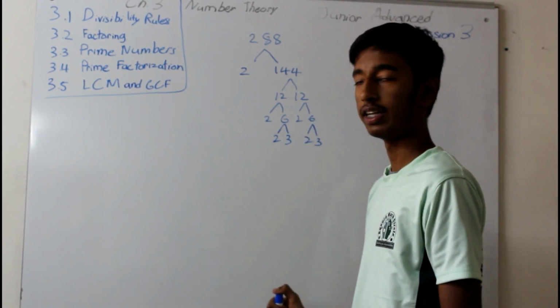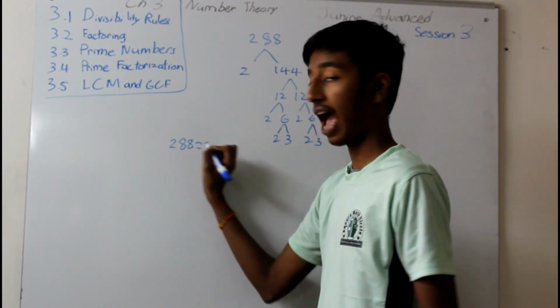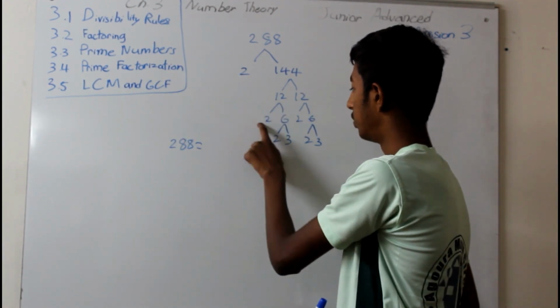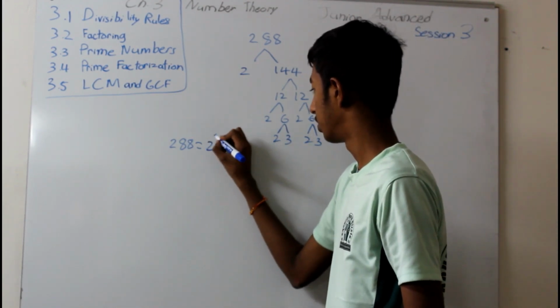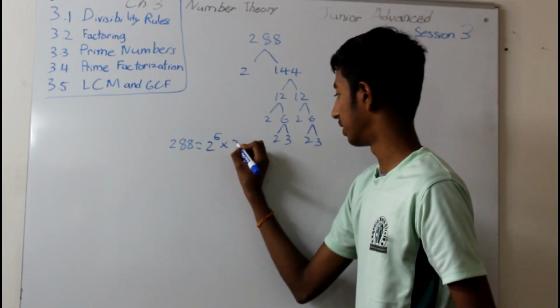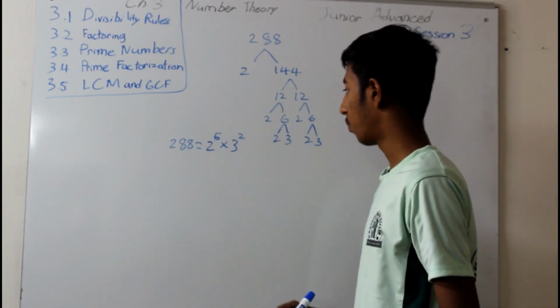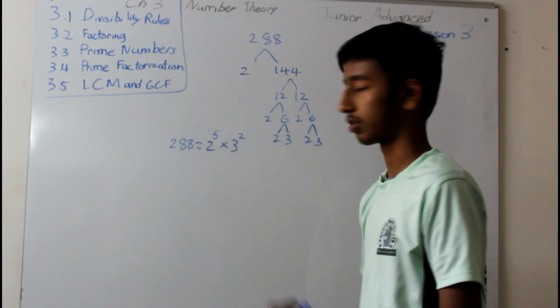So what we have right here is that we can write 288 as five 2's and two 3's. That does not look like a 5, okay, that looks more like a 5.